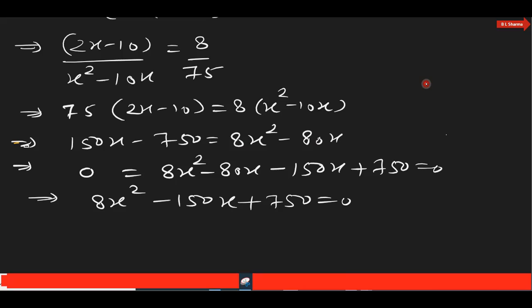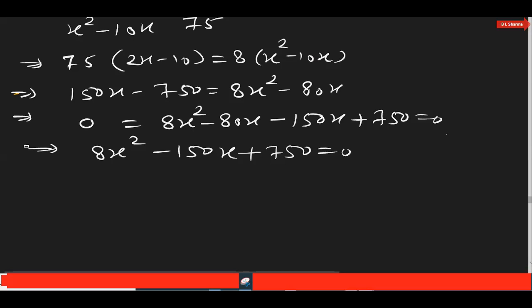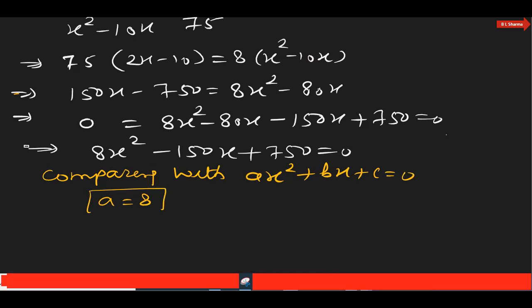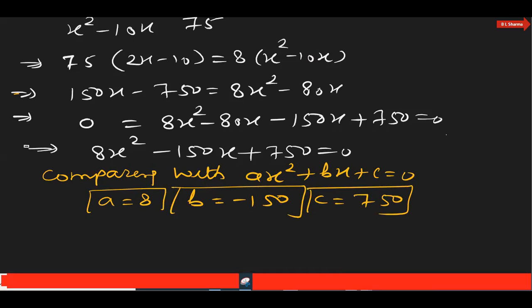Now you can solve it by the method of quadratic formula, comparing with ax square plus bx plus c is equal to 0. A is 8, B is minus 150, and C is 750. आपको प्रैक्टिस करनी पड़ेगी.